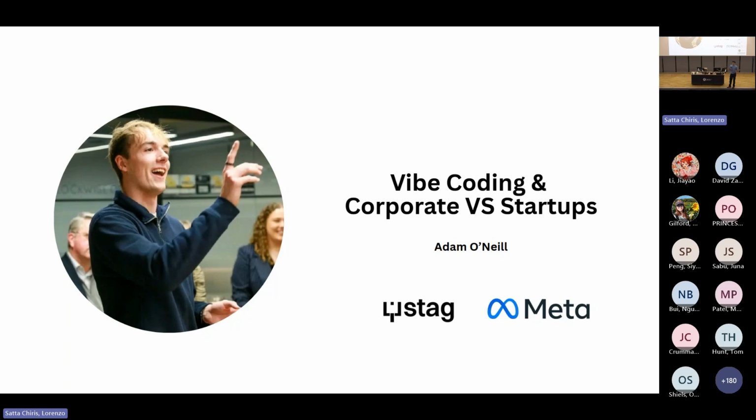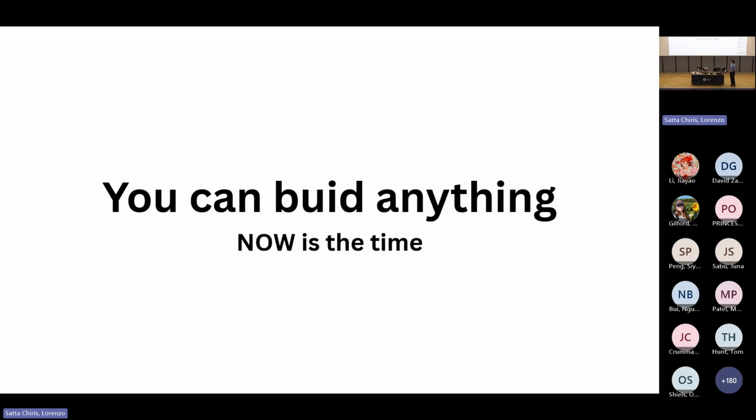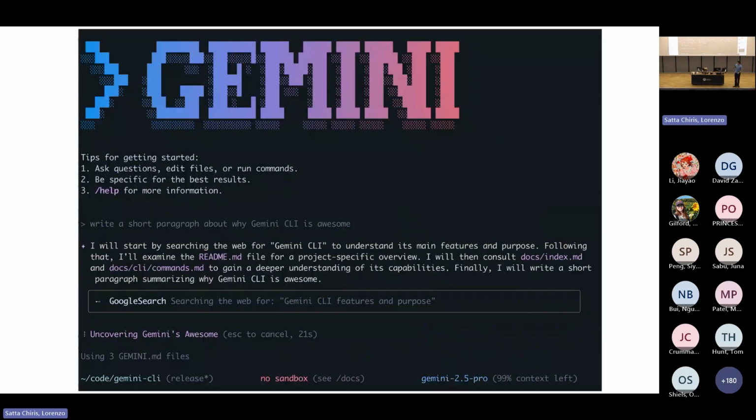So who's heard of vibe coding? Anyone? There's one, two. Okay, good numbers. Cool. So we all know what ChatGPT is. Blank faces. Okay, I assume you do. Vibe coding is similar to ChatGPT, but instead you're building on your laptop. This is a terminal, which some of you may have seen before. What makes this different is that it has access to your files on your laptop.